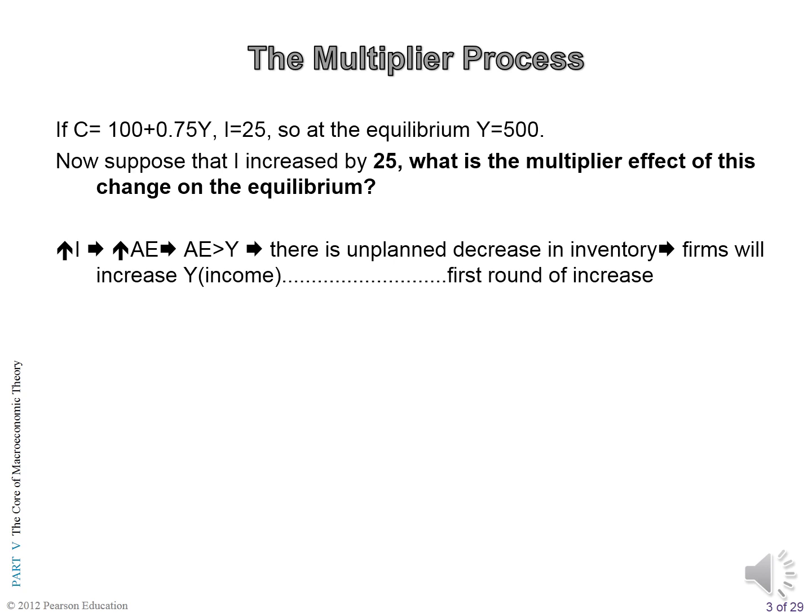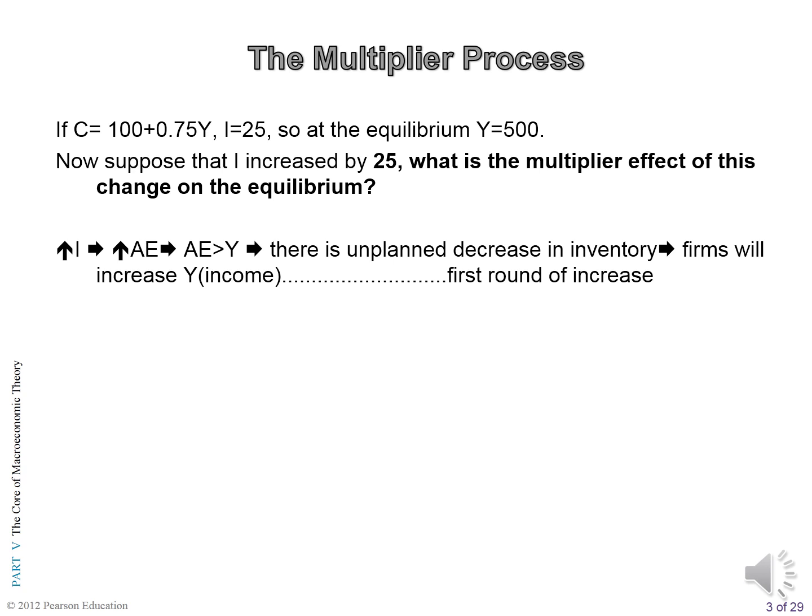So there will be an unplanned decrease in inventory. هنجيب الزيادة في الأجريجيت expenditure منين؟ We are going to withdraw from inventory. So we have a decrease in inventory. This decrease will induce firms to increase output. So Y will increase by the value of the increase of investment. This is the first round of increase.